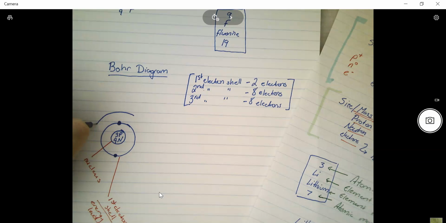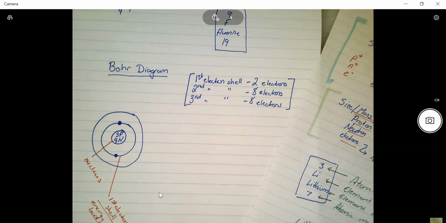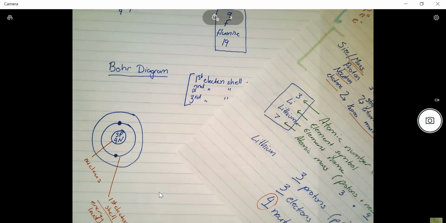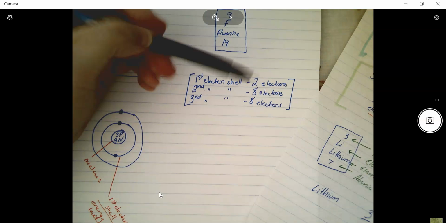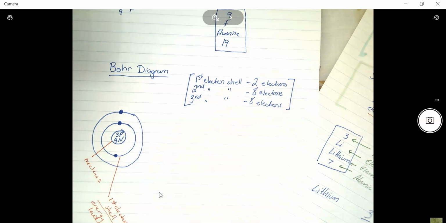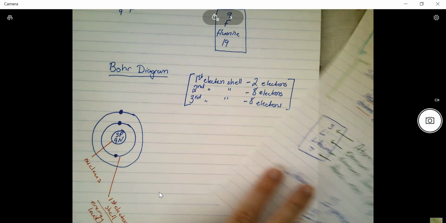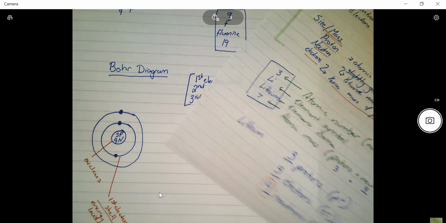So I'm going to draw a second electron shell. If I've drawn 2 electrons, lithium has 3 altogether. I've got 1 left to draw. Yes, 8 electrons can fit in that second shell, but I only need to draw 1 because lithium only has 3 electrons altogether, 1, 2, and 3.